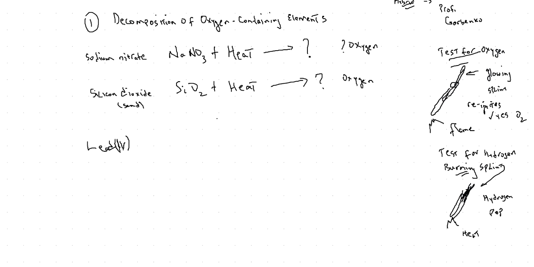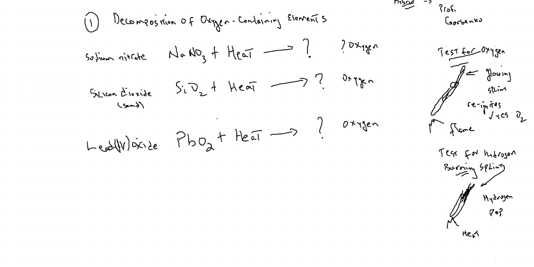We'll learn why it's lead 4 later when we do more chemistry. Pb is lead, plumbum, PbO2. Same thing, we're going to add heat, put that in a test tube and put it on a Bunsen burner, and do our glowing splint and see if we get oxygen, and also record if it liquefies or changes color, if it's clear, white, whatever happens.